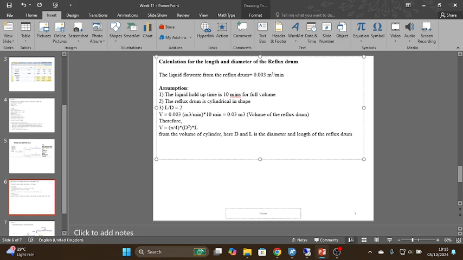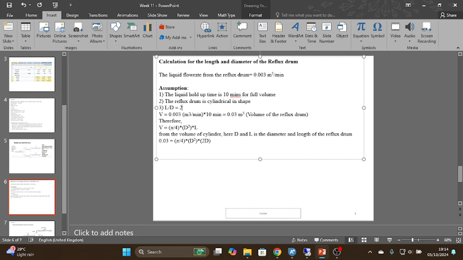So this equation changes to 0.03, which is the volume of the reflux drum, equals pi by 4 d square into 2d. This is from this relation over here.